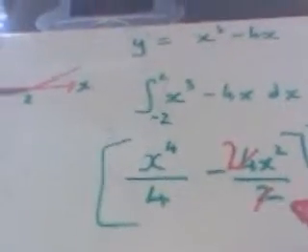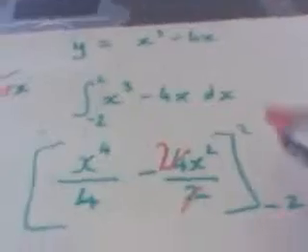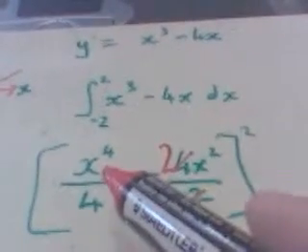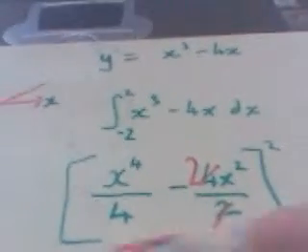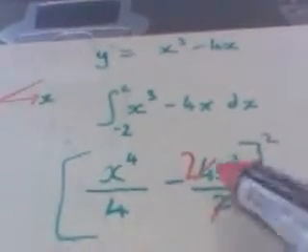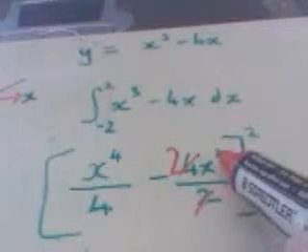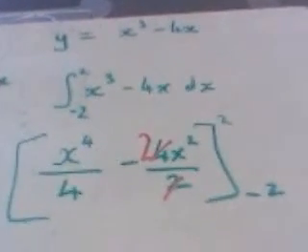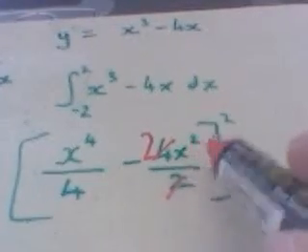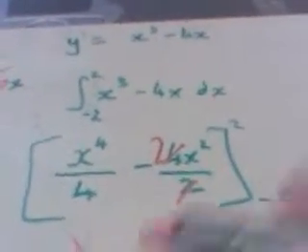So it's 2x squared at that point. So we're going to have 2 to the power 4 divided by 2, which is 4, minus 2 times 4 is 8, so that's the first part.